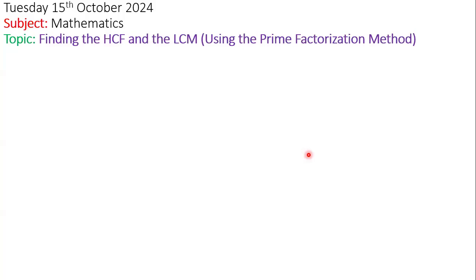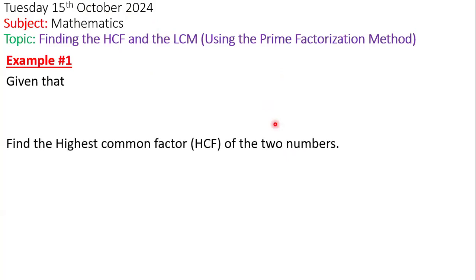Using prime factorization. Okay, so let's look at this particular question. So this is our first example. Do you all have this written down before I even start with the example? Yes, sir. Okay. So our first example is, let's say that we are given, write this down for me please, given that we have 90.